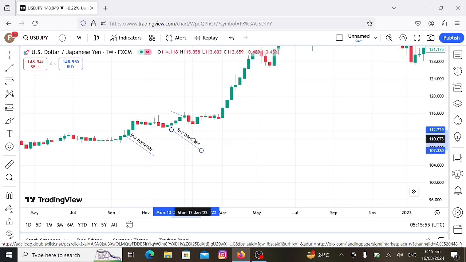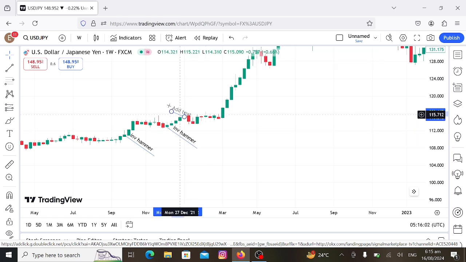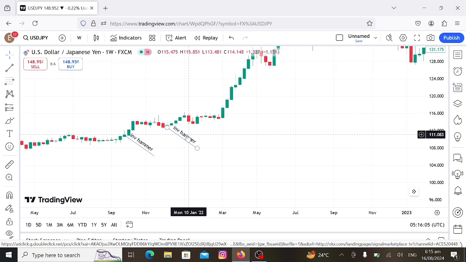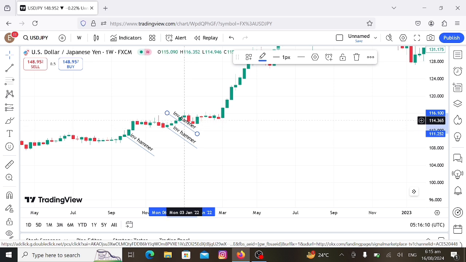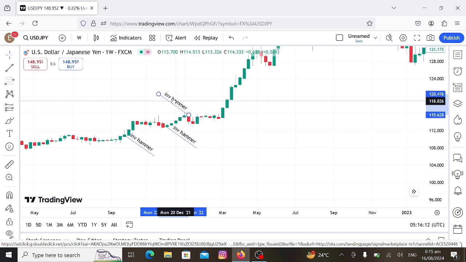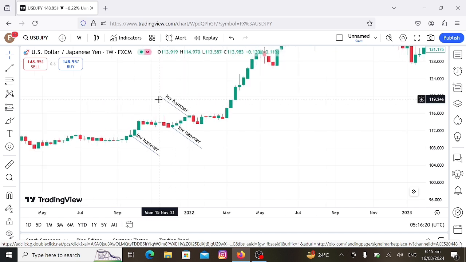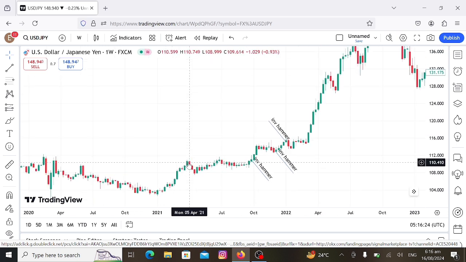Is an inverse hammer as well. Is also an inverse. It indicates that yes, buyers want to take control of the market.